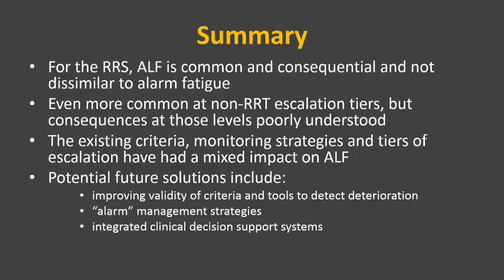We really need to be looking now at what electronic health records and decision support systems can allow us to achieve in better identifying the deteriorating patient, managing the alarm fatigue concept, and getting rid of some of the human factors that create problems and beget afferent limb failure, and with it, hopefully, generating improved patient outcomes.